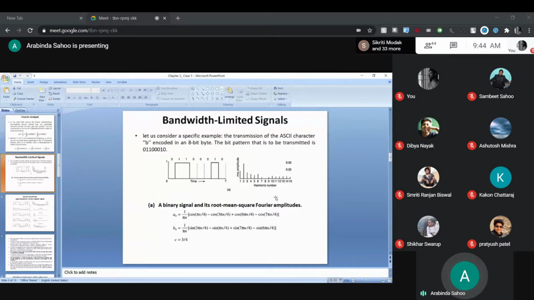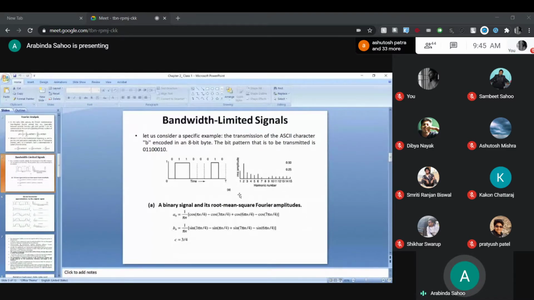Similarly, when n is equal to 2, I will calculate the mean square amplitude. You have to calculate a2 by putting n equal to 2 in the mathematical expression, then b2, then a2 square plus b2 square.